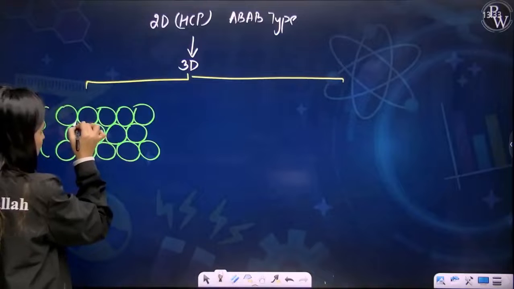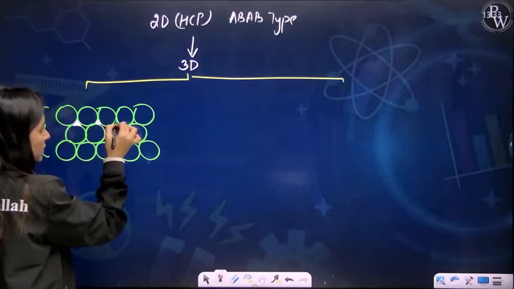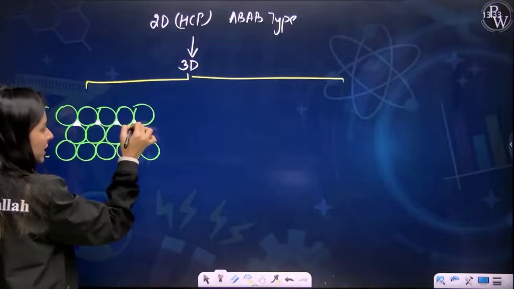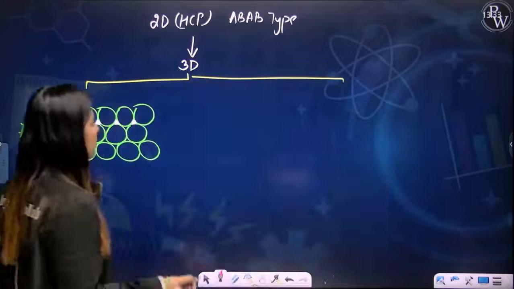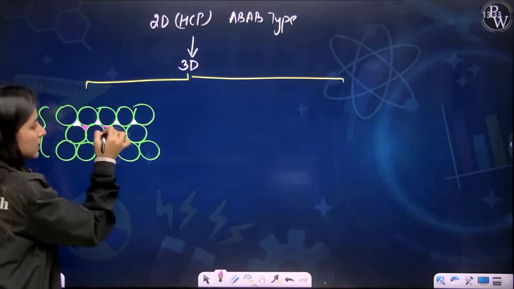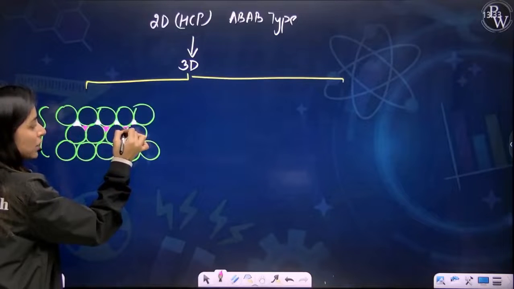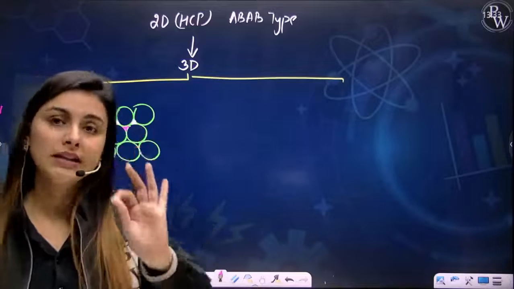Just see this. This is a triangle, a void. Can I say this is a void? This is also a void. All these white parts are your voids. Now I am taking your pink color, and if you see, then you have a triangle here as well, right? This is also a void. These are 2 different types of voids. We'll just see which type of void these are in a bit.